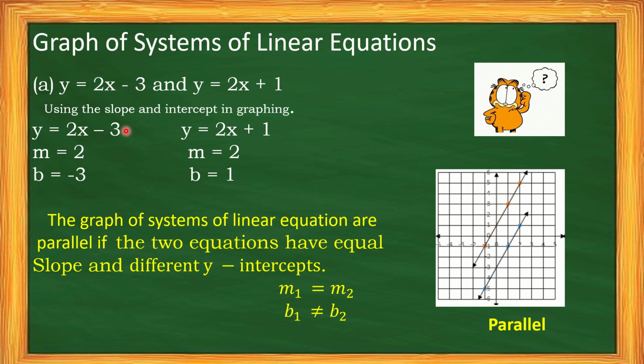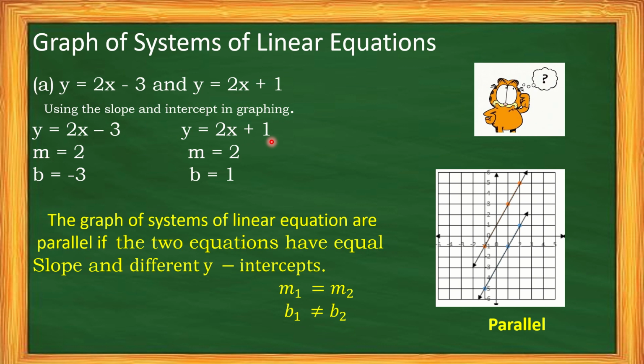In y equals 2x minus 3, our slope is positive 2 and our y-intercept is negative 3. In the second equation, our slope is positive 2 and our y-intercept is 1.